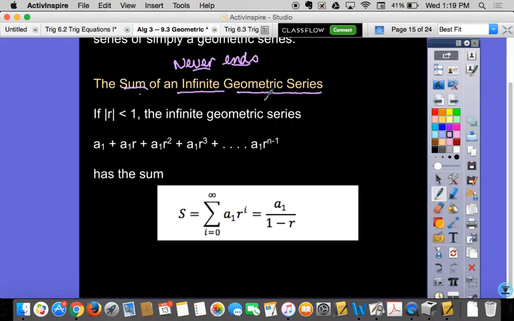Well, if you've got a sequence like 2, 4, 8, 16, 32, 64, and it's just getting bigger and bigger and never stops getting larger, then there's really no way for this thing to have a sum. It's called divergent. It has no sum.